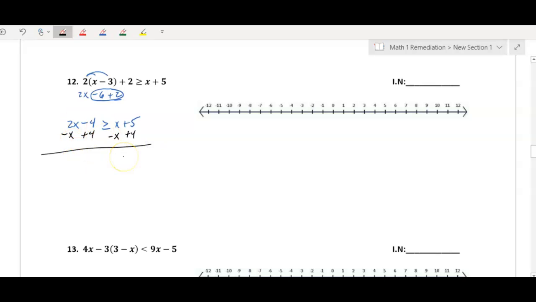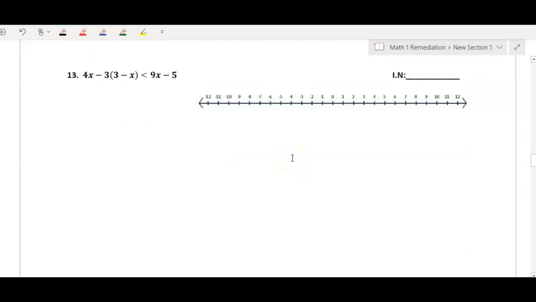Notice all my like terms are aligned. So 1x is greater than or equal to 9. So x is greater than or equal to 9. Equal to 9 tells me closed dot. Greater than tells me I shade right. And my interval here is square bracket 9 to infinity round bracket.